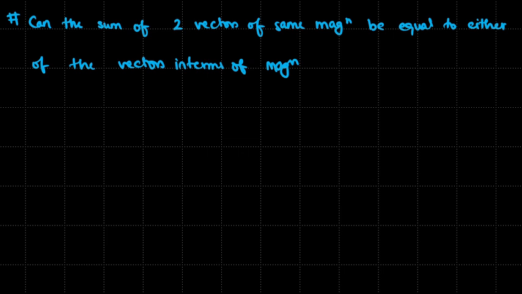So the question is basically asking, if we have two vectors which are equal in magnitude, can there be such a case where the resultant also has the same magnitude?